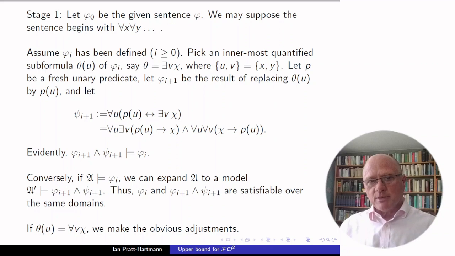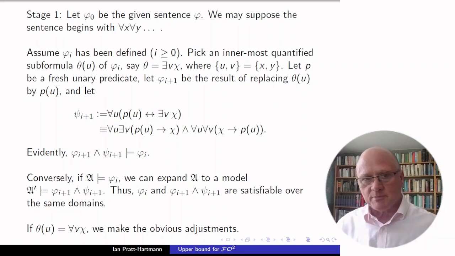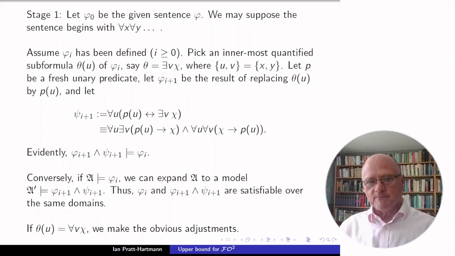We'll then replace theta by the atom P of u, where P is a new one-place predicate symbol. And that's my formula phi I plus 1.